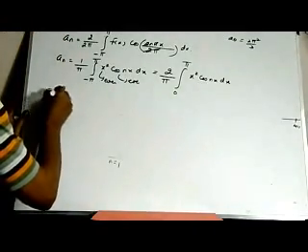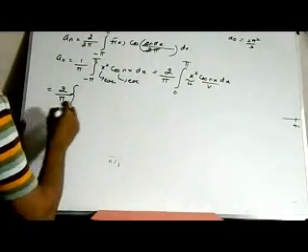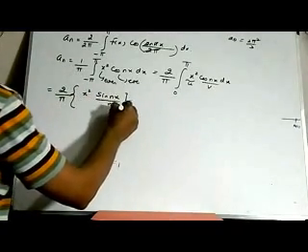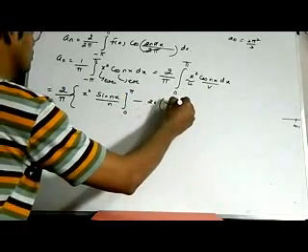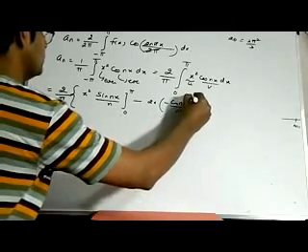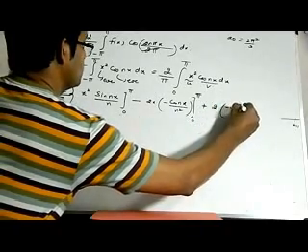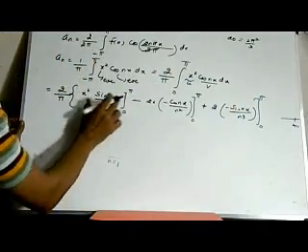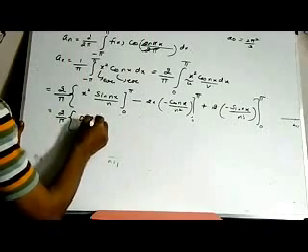Please note that. What will be the value of this integral? 2 by π. Take this as u and this as v and use Bernoulli. It will be x square into sin nx by n, 0 to π, minus derivative of this, 2x into minus cos nx by n square, 0 to π, then plus 2 into minus sin nx by n cube, 0 to π. Now you know that sin nπ is 0 and 0 at 0 is also 0. So it is 0 minus 0.